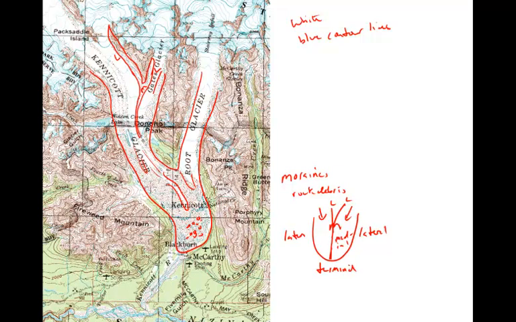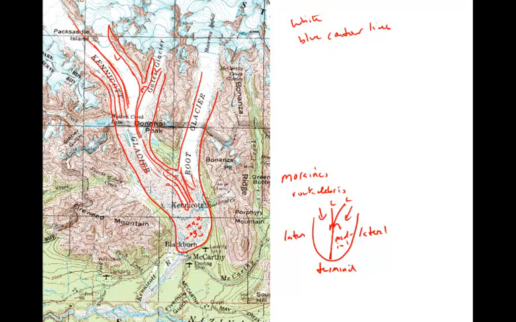Again, another prominent medial moraine is formed here where the Root Glacier joins the Kennecott Glacier. These narrow stripes are also medial moraines formed by tributary glaciers joining the Kennecott Glacier farther upstream.